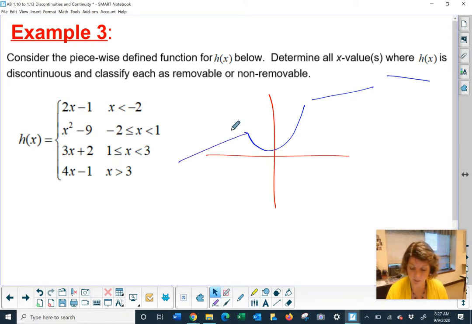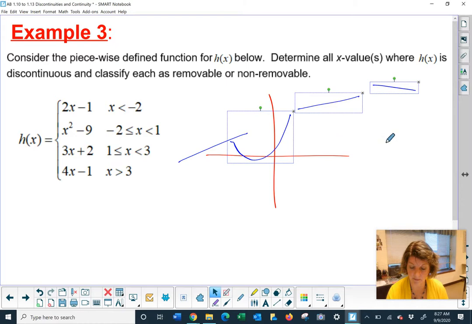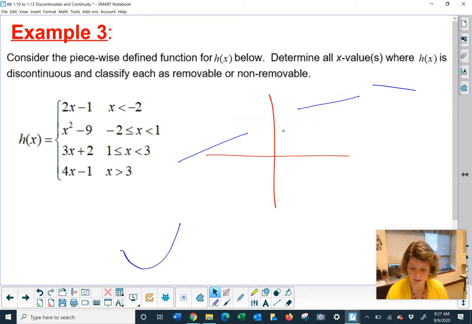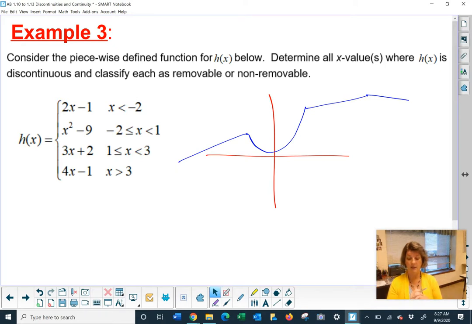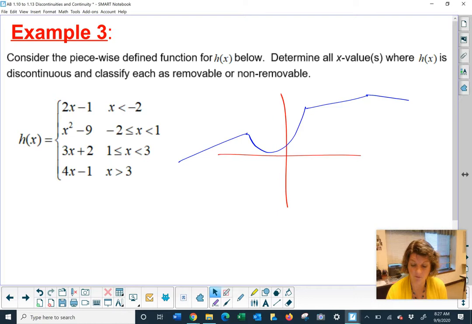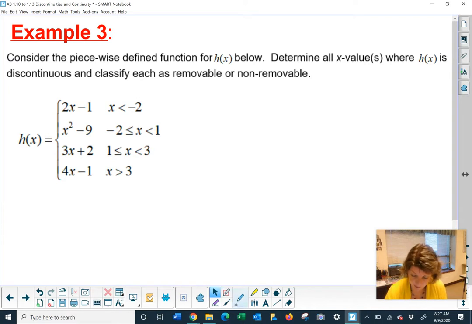If this connects perfectly, there's a chance that it could all be continuous. How do I look to see if that happens? Well, I need to know all these different y values of where those handoffs are happening. So I'm really interested in x equals -2, x equals 1, and x equals 3 to see what's going on there. So we're going to do some investigations.